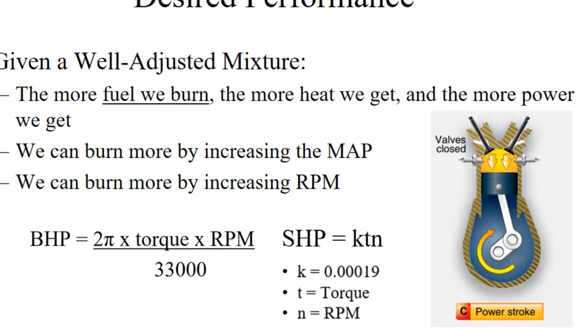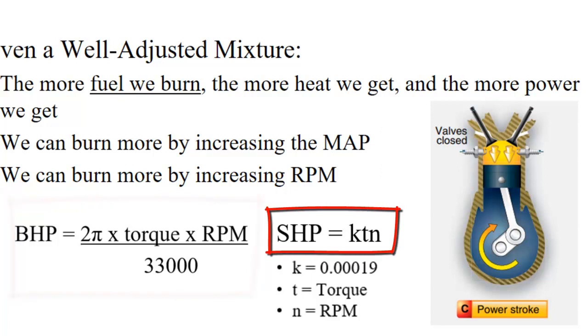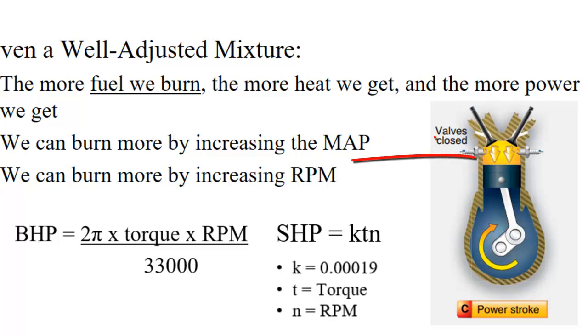Remember back to our formula here, brake horsepower equals 2 pi times torque times RPM divided by 33,000, or we can rewrite that using a constant to simply say the shaft horsepower equals the constant times the torque times the RPM. It's torque and RPM that are always going to govern this, and we control torque through manifold pressure. The more fuel-air mixture that we allow into the cylinder on the intake stroke, the more pressure we're going to get here on the power stroke, and that's what gives us our torque, is the amount of pressure pushing down on this piston and therefore being applied to the crankshaft.